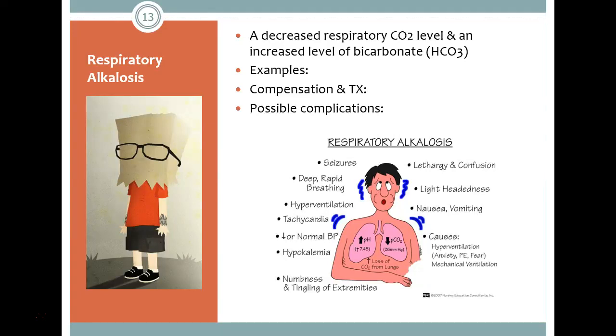And sometimes with respiratory alkalosis, we'll actually see a patient have nausea and or vomiting, as well as numbness and tingling in their extremities. You'll have a patient who is respiratory alkalotic have an increased pH above 7.45, and their, again, CO2 is below the norm, so it would be below 35.